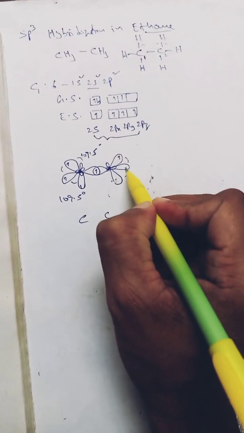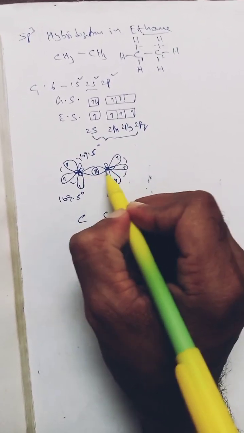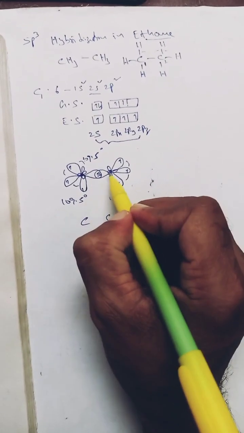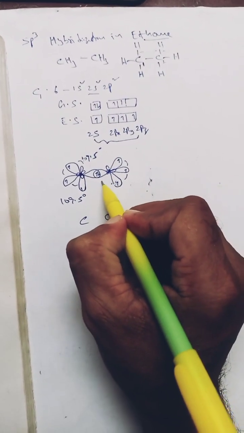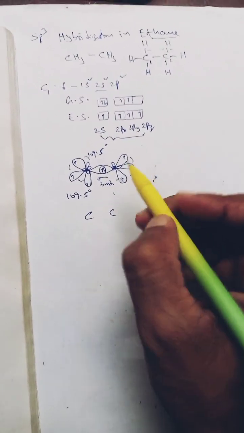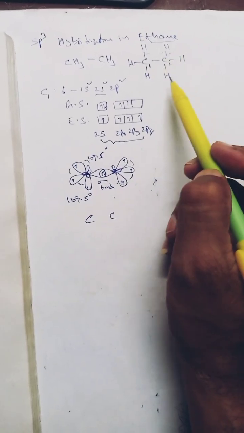This axial bond is formed between this sp3 hybrid orbital and this sp3 hybrid orbital, and this is called a sigma bond. On this carbon 3 hydrogens are available, and on this carbon 3 hydrogens are available.